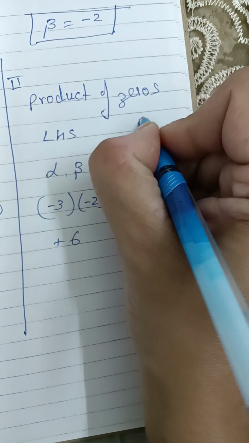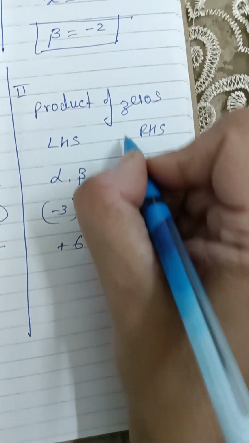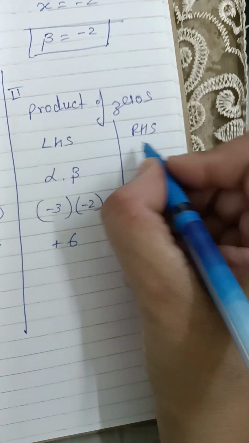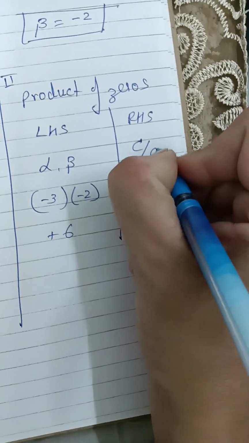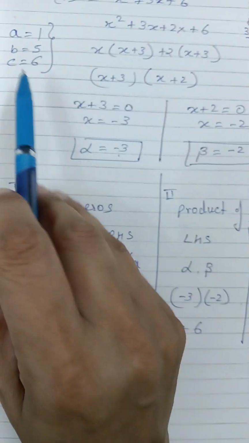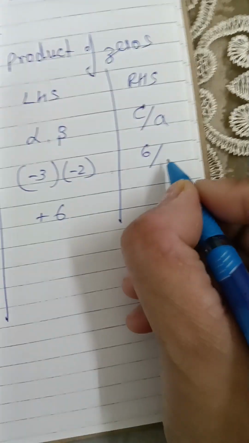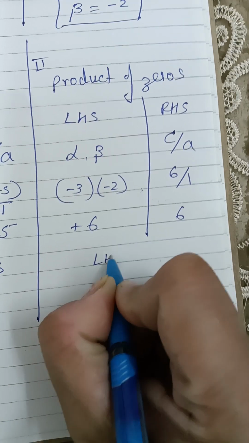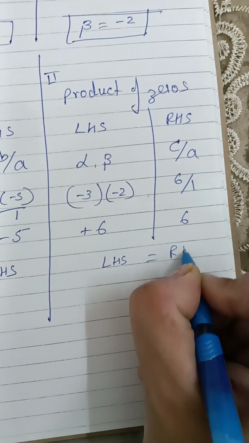Now what is the RHS? RHS is c upon a. Now what is c? c is 6 here in this case and a again is 1. So 6 upon 1 is 6 again. So we can see that the left hand side is equal to the right hand side.